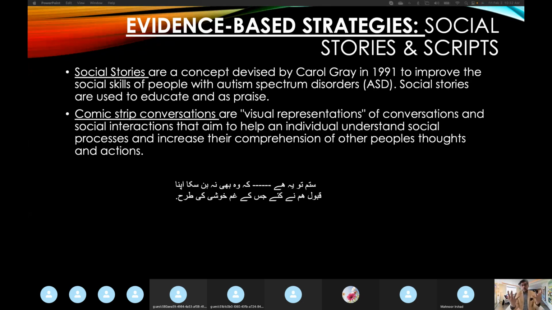So dad and mom meeting an uncle, and this is you meeting your uncle, how you will be meeting a doctor. So these pictures and other things can help them as well. Comic strip conversations are very helpful. It's a technique, as I briefly mentioned to you, that can be individualized according to the person, according to the situation.